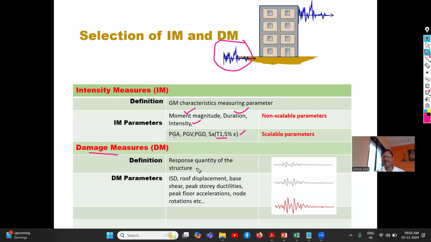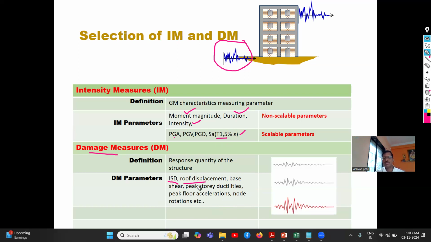The building response is measured in terms of interstory drift, roof displacement, base shear, peak story ductility, peak floor acceleration, node rotations, and so on. These are the parameters by which we measure the building responses. Among these, we have to select one. Again, we have to apply some selection criteria here.